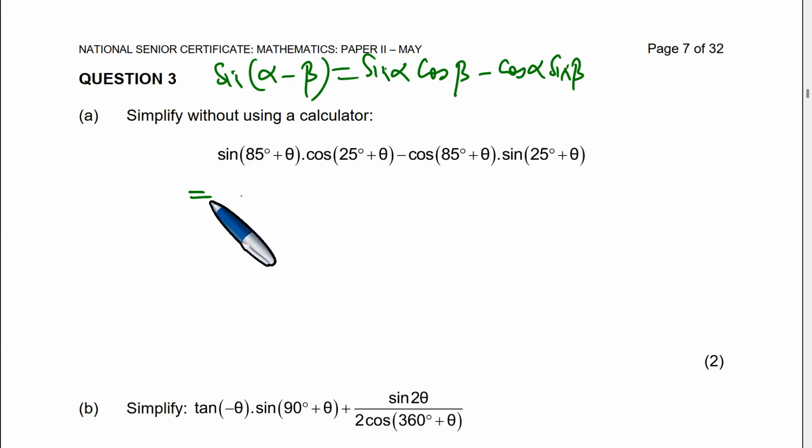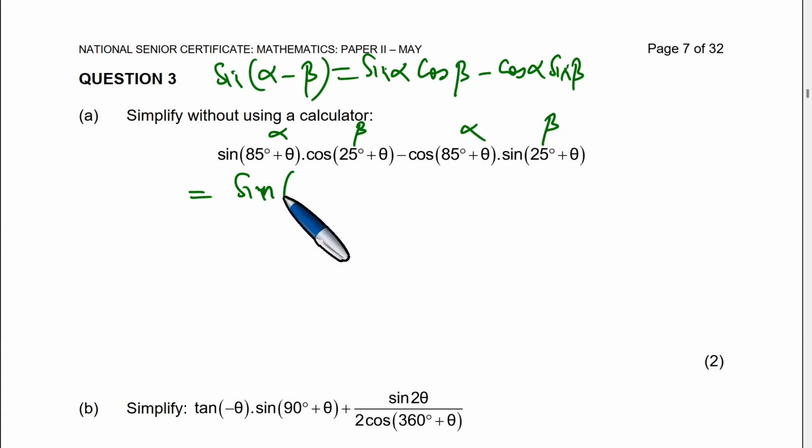So at the end of the day, this is like alpha beta alpha beta.